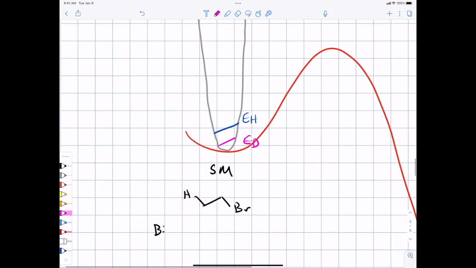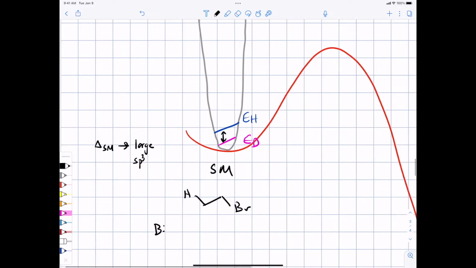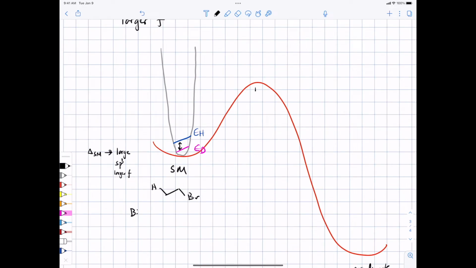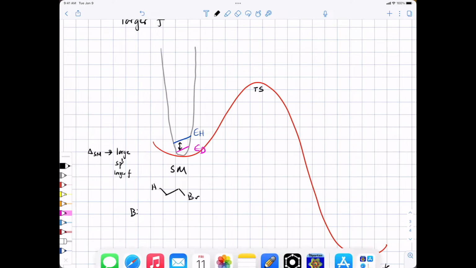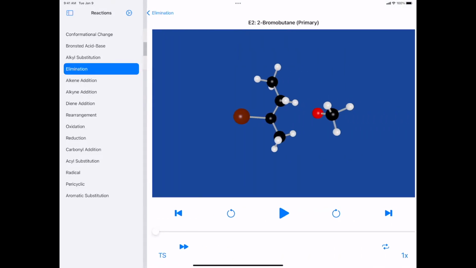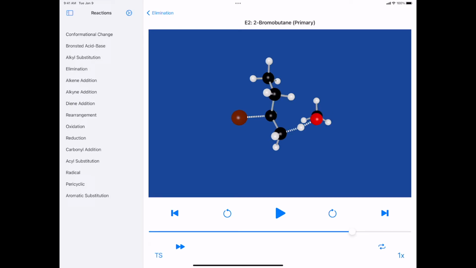And we said that this energy difference, delta, in our starting material should be large because the bond is sp3 and therefore has a larger force constant, okay? Let's suppose in the transition state, and I'm not intending to weigh in one way or another as to what the transition state of an elimination reaction is, though actually we could just look at this. This is basically the reaction we want.